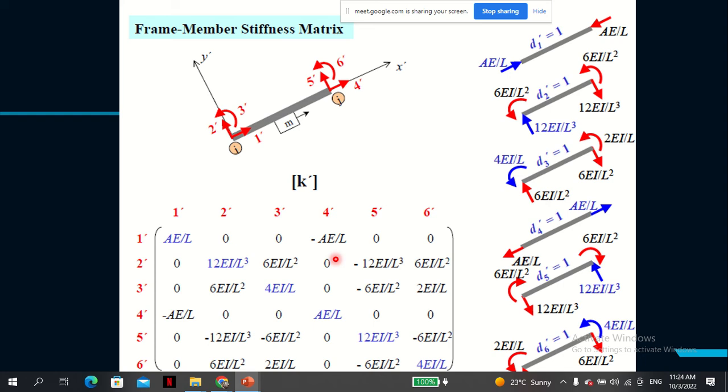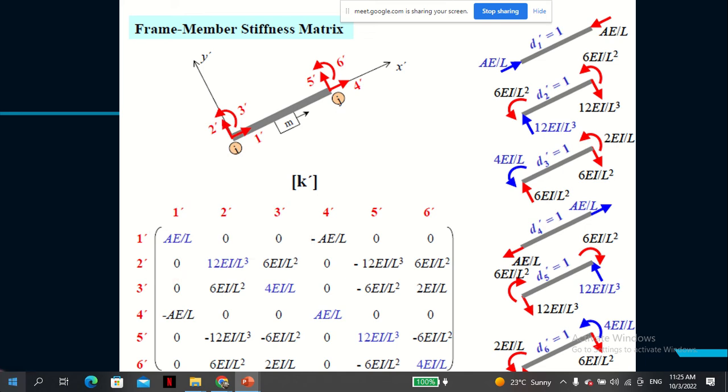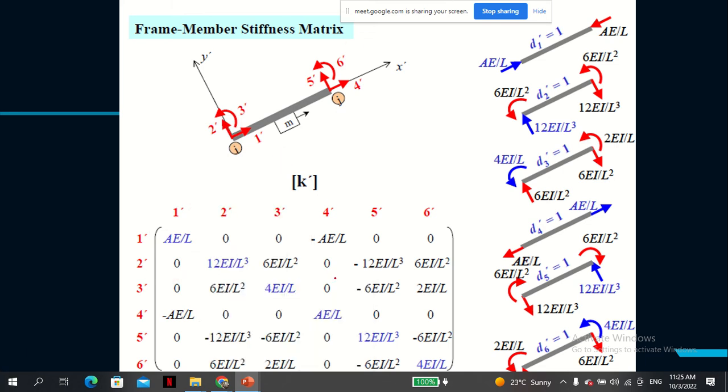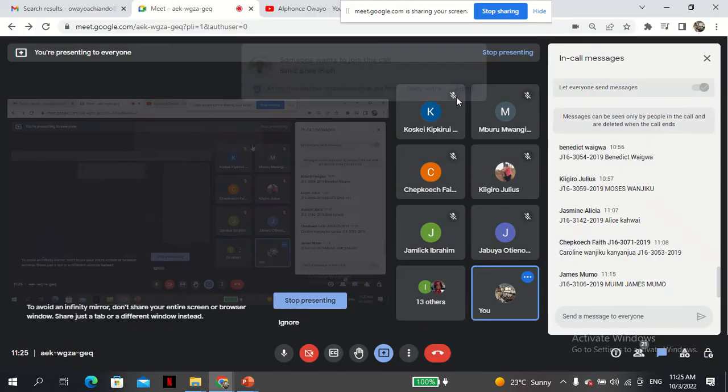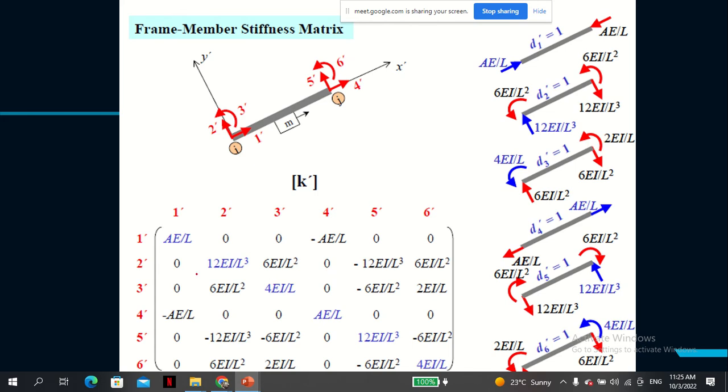Now, something to note here. If we had torsion as well, torsion would come here.